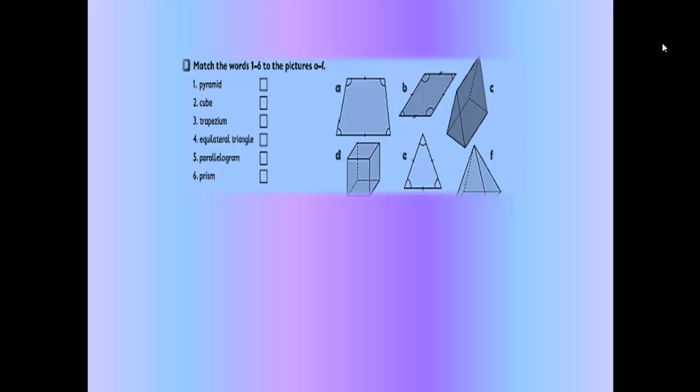And on the left we have 6 words. They are pyramid, cube, trapezium, equilateral triangle, parallelogram, and prism.